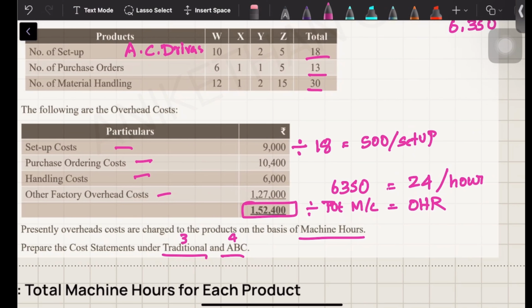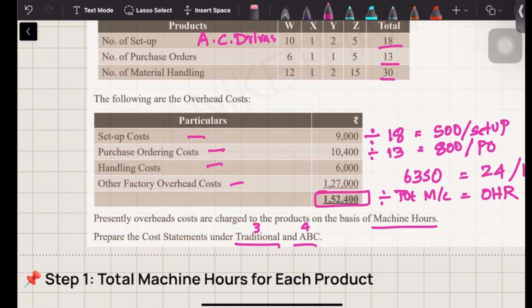Then purchase ordering cost, number of purchase orders, divided by 13, gives 800 per purchase order. Handling cost, divide by 30, gives 200 per handling.